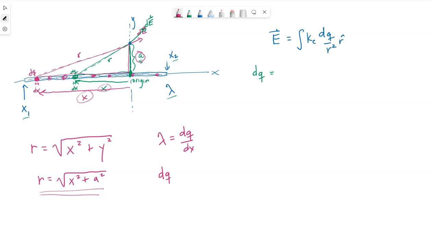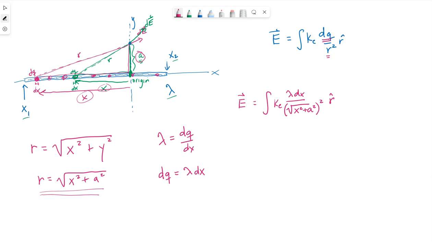So dq is going to equal lambda dx. So in our electric field equation, so far we have dq and we have r. So far we can say E is k lambda dx over r squared.